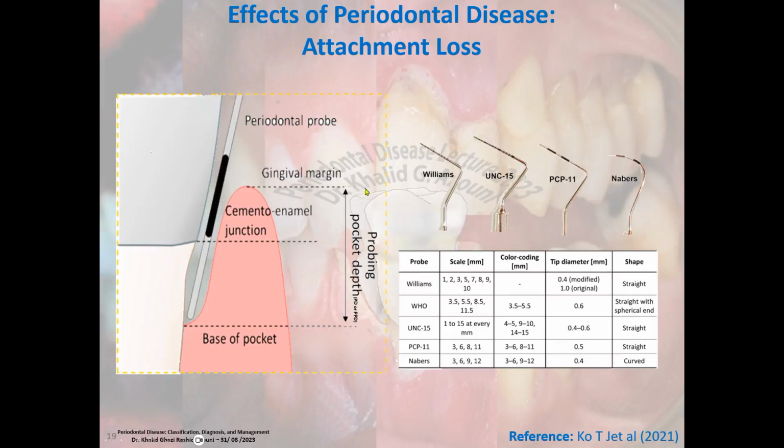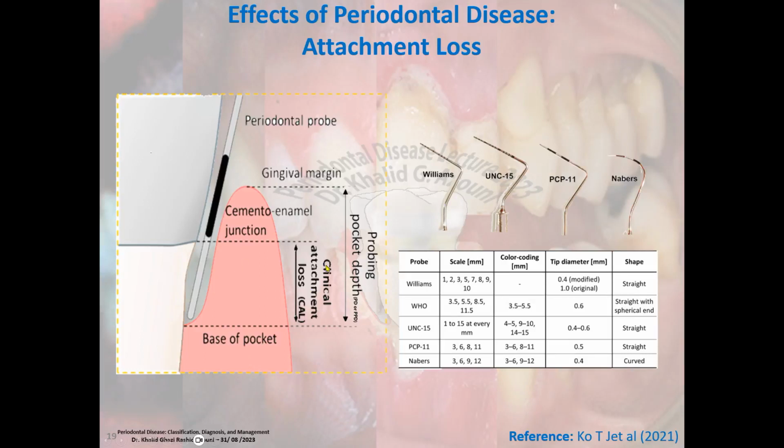And then we measure the probing pocket depth, and by correlating it with the distance from the cementoenamel junction to the base of the pocket, we arrive at the clinical attachment loss, which is the pocket depth minus the gingiva covering the cementoenamel junction, or in case of recession, it's the probing pocket depth with the added distance of recession, the distance from the cementoenamel junction to the gingival margin.